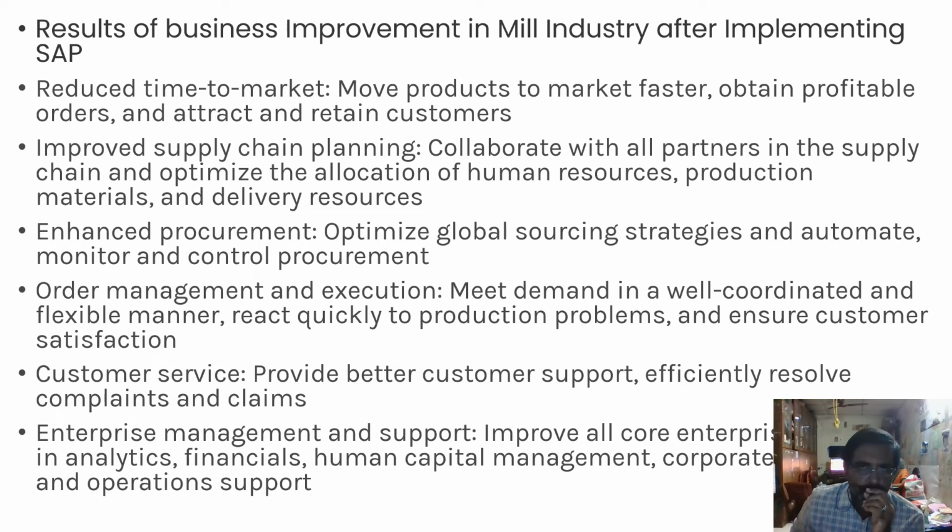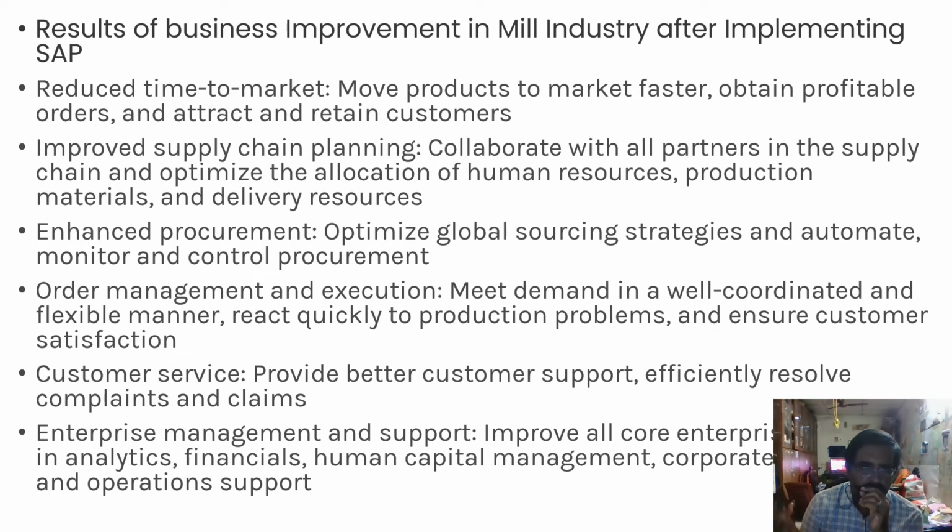All the resources should be properly collaborated. And then we have enhanced procurement. In this space, optimize global sourcing strategies and automate, monitor, and control procurement. And then we have order management and execution: meet demand in a well coordinated and flexible manner, react quickly to production problems, and ensure customer satisfaction.